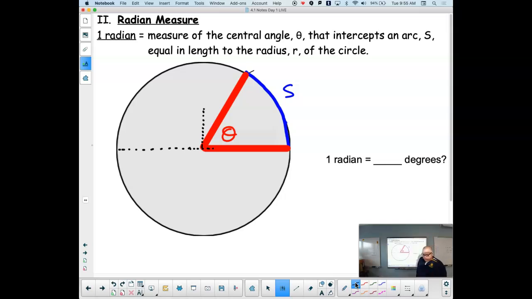The actual measure of 1 radian is, now I got to use my cheat sheet, 57.2958 degrees.